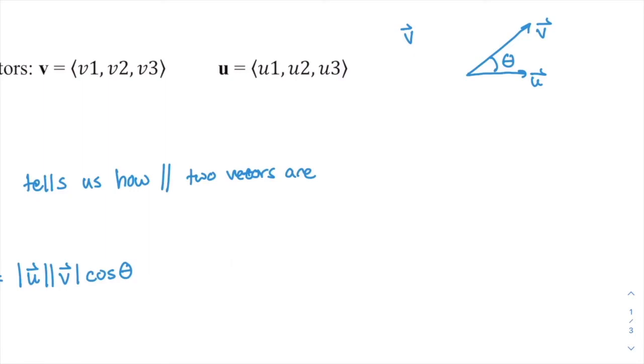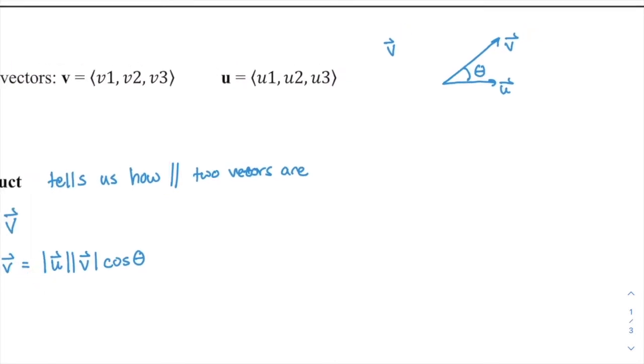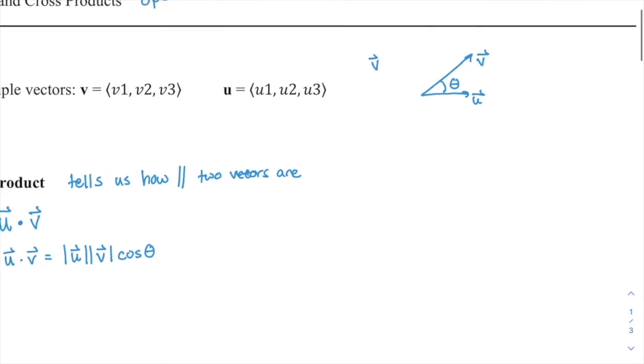And if they're perpendicular, then you have an angle of pi halves, and cosine of pi halves is 0, so that'll minimize the dot product. So the dot product is biggest when the vectors are parallel, and it is 0 when they are perpendicular.